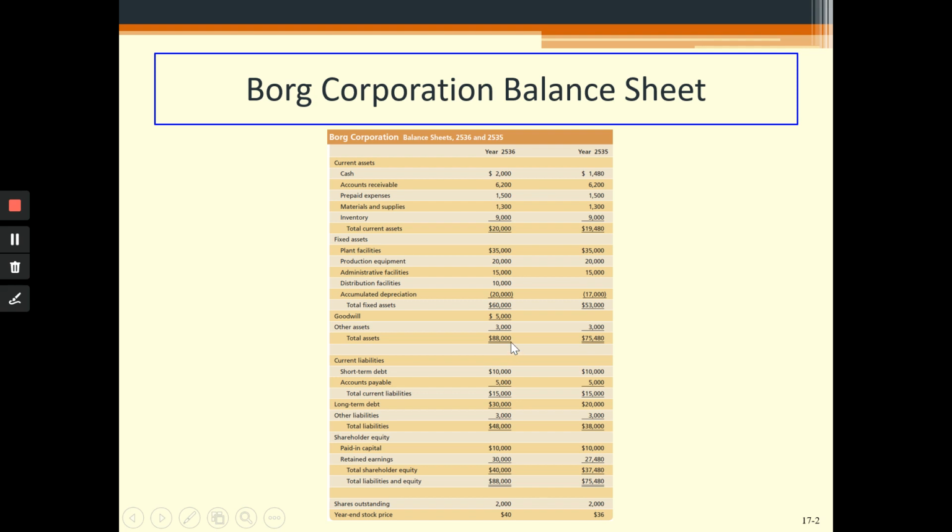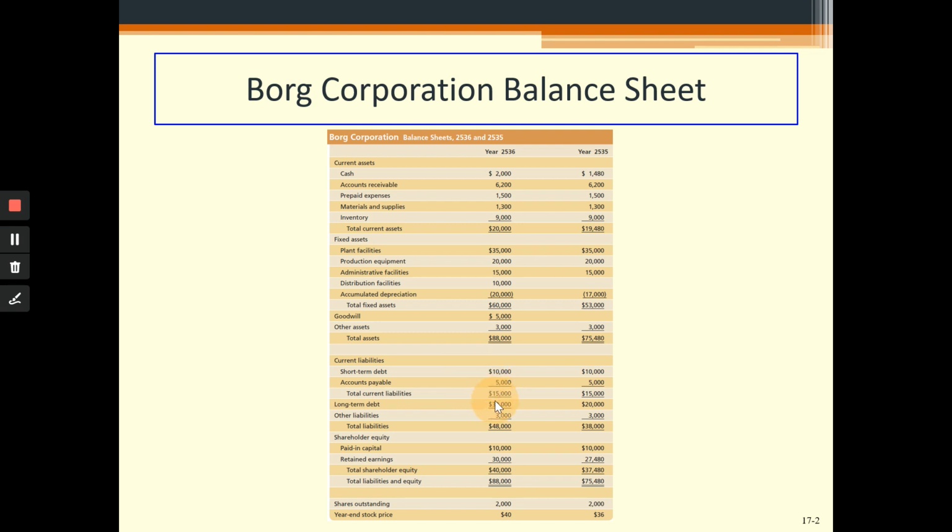we will have the total assets in the year 2536 as 88,000. Then on the current liabilities side, we have the short-term debt, we have the accounts payable 5,000, and long-term debt.